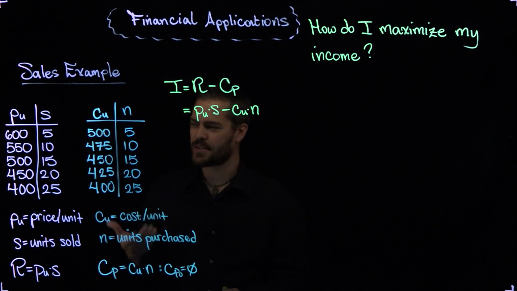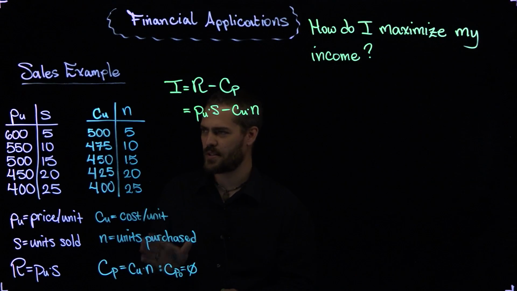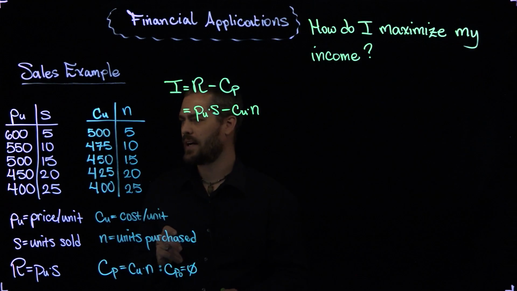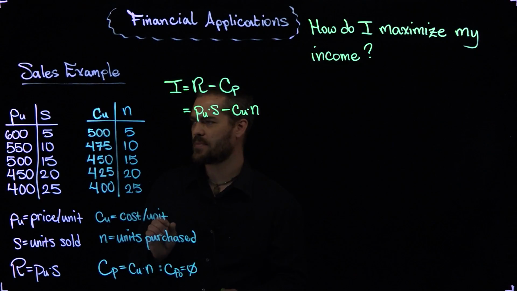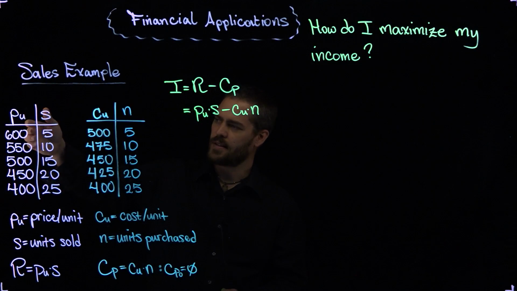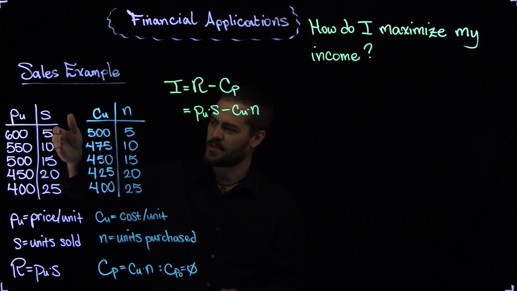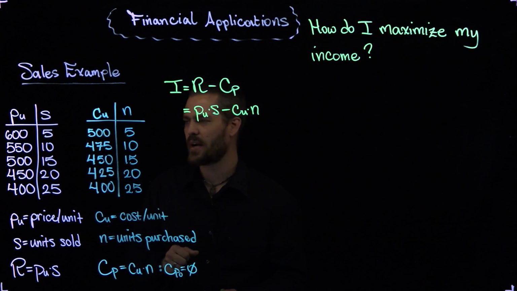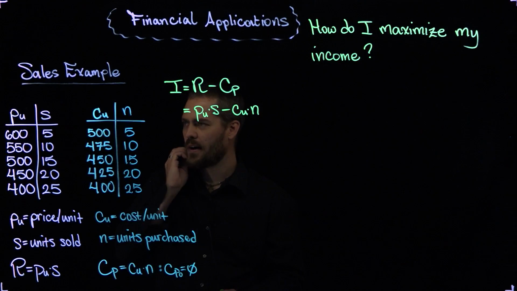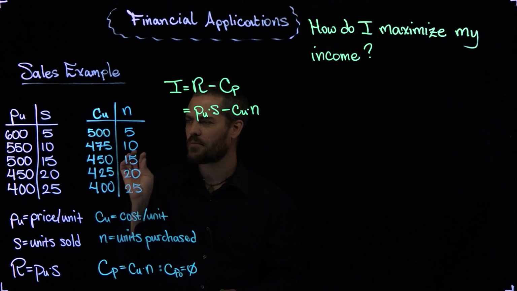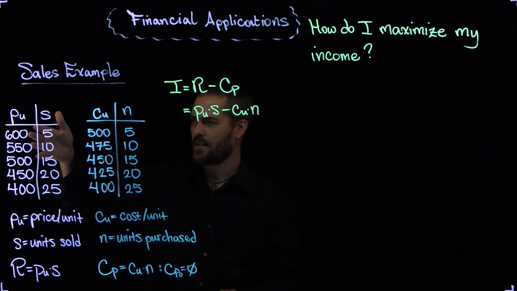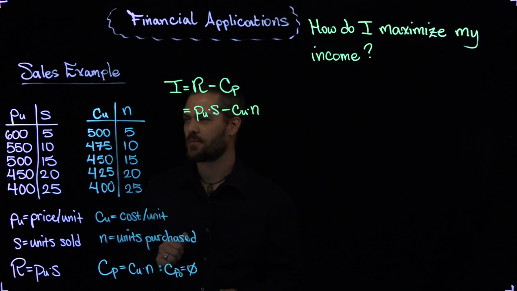So you have to notice a little something about the data and the tables to do that. First of all, I noticed that it seems like this is going down in a discrete amount as the number of sales are going up also in a discrete amount. So I'm going to assume that there's a linear relationship between the numbers in the left column and the numbers in the right.